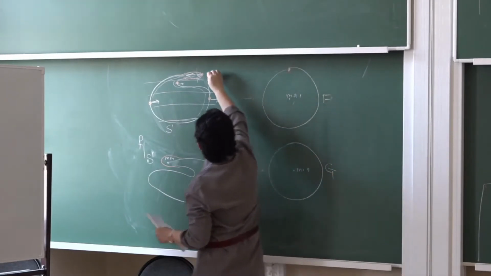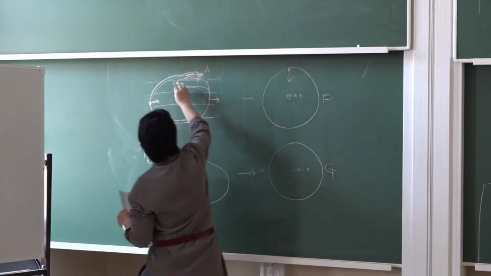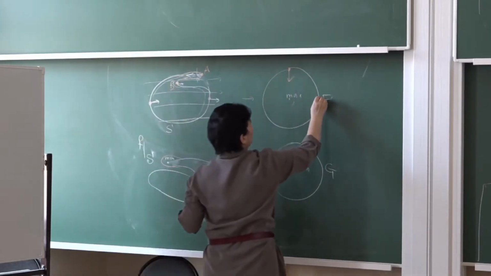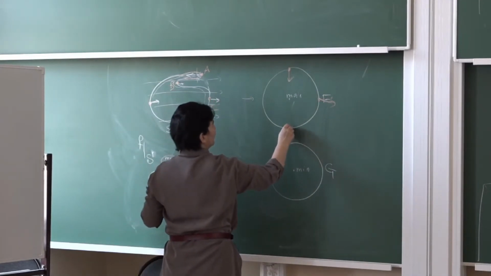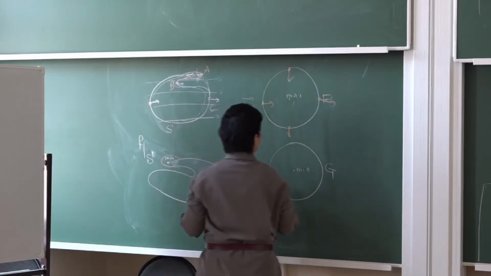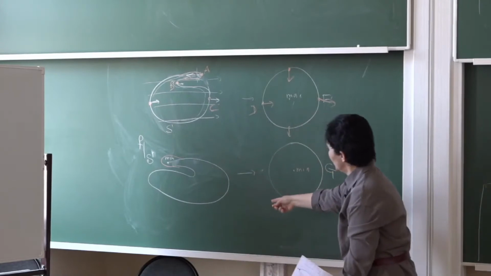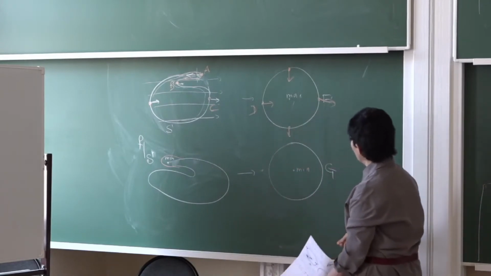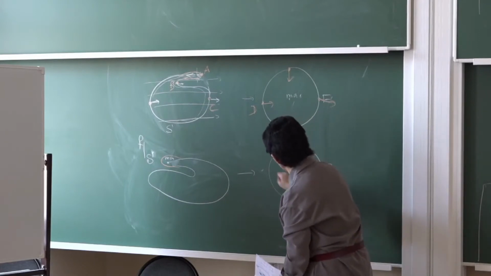So let it be A. And the vector points here, then there is B. And the vector points outward, then there is C. And the vector goes here, and D goes here. And if you look at the analogous picture for the second drawing, you will get the same. So combinatorially, the pictures are the same.